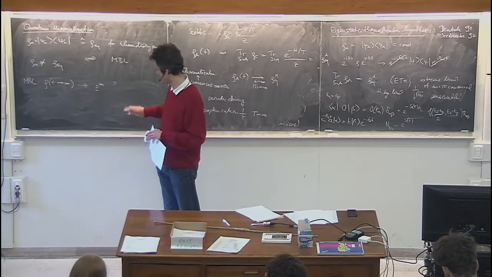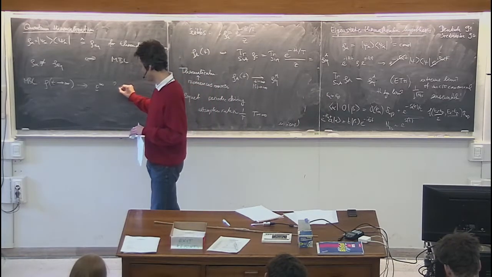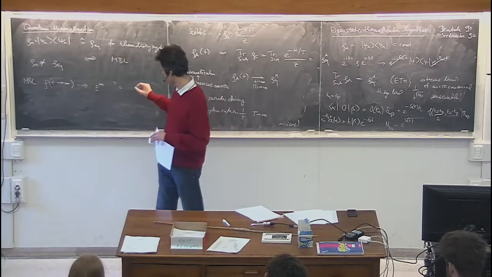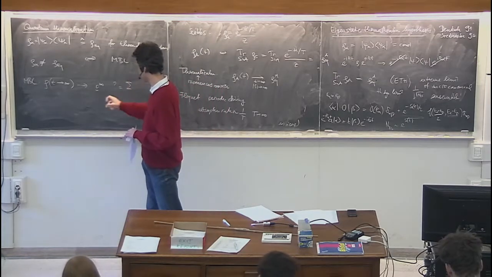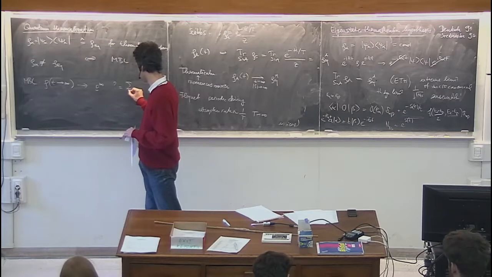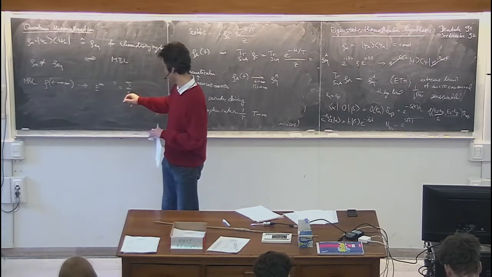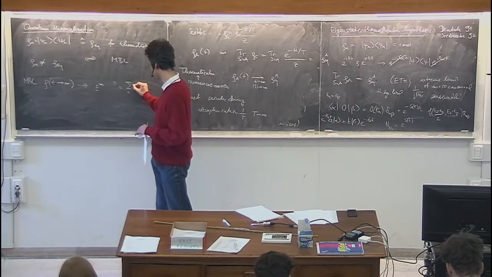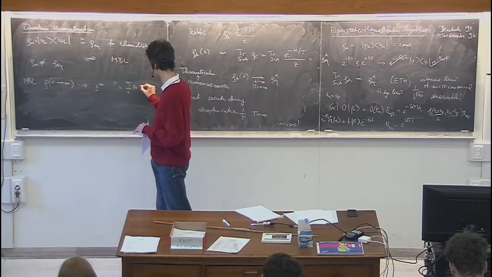So maybe your question. What can this be? This can in general be a sum over all eigenstates, with weights, and then you have rho alpha here.